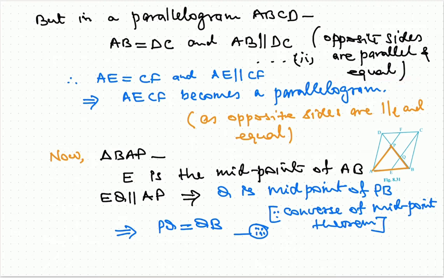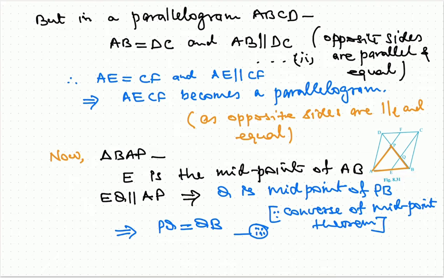Therefore we can say that AE is equal to CF and AE is parallel to CF. Already we have proved that FC is half of DC and EB is equal to half of AB.